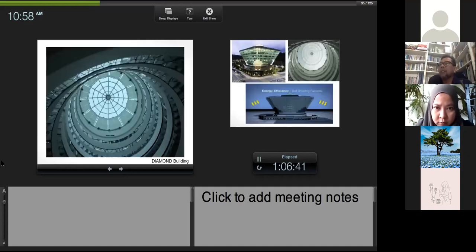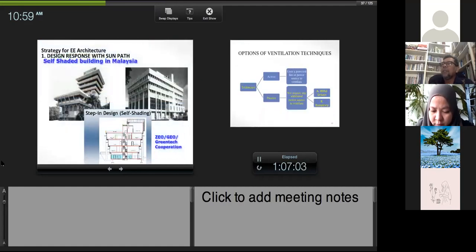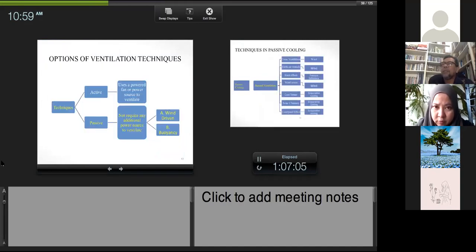Okey, dan dia create atrium. So this is solution kepada menurunkan CO2 emission, because dengan cara ni dia akan reduce energy consumption for air conditioning dan akan menurunkan CO2 emission. Okay, so jadi self-shaded.